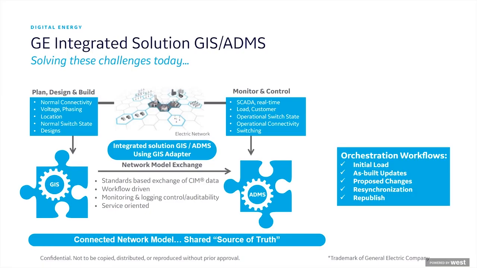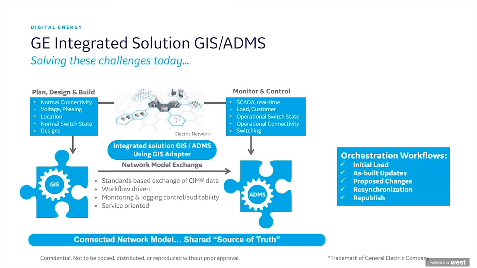And GE's end-to-end GIS and ADMS solution really builds on a deep electrical domain expertise. So the GIS electric model is validated, and the data that's coming across to the ADMS is an electrically valid model that can be brought in.